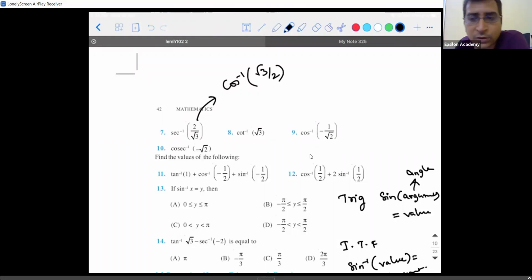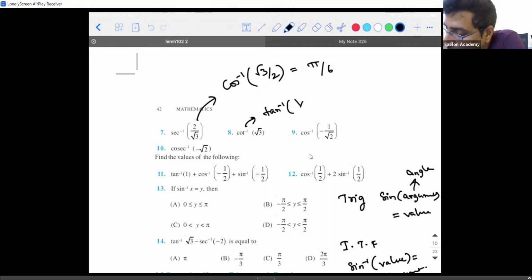Cos inverse of a positive value: write down the acute angle. What is the acute angle? Pi by 6. Cot inverse of root 3 is tan inverse of 1 by root 3. Acute angle, pi by 6. Right? Now it is even easier.